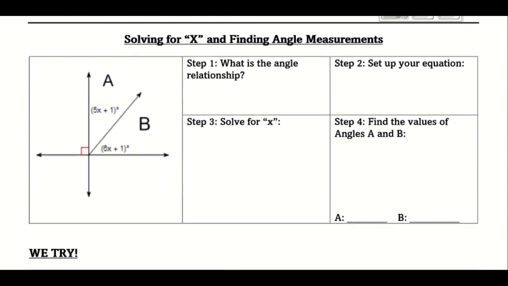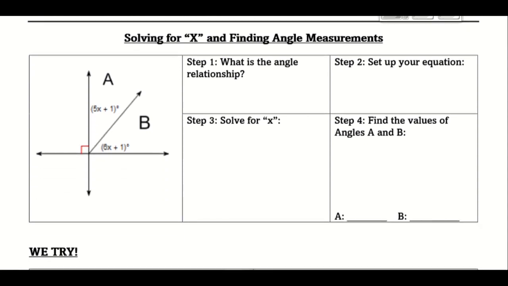And then we're going to get to a trickier example here, where we're actually going to be solving the whole equation. This is why we really need to set up the equations on the first ones, just as simple examples to get us to this. So we see angle A and angle B here. Together, they form this corner. So the type of angle relationship is complementary.